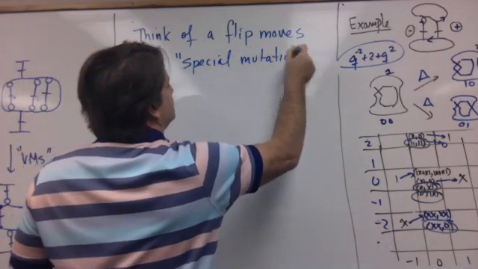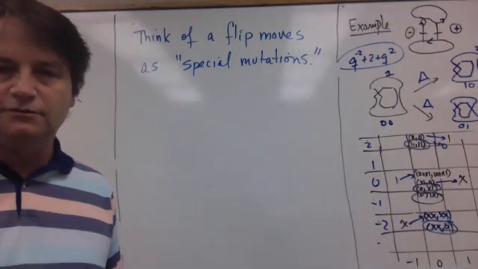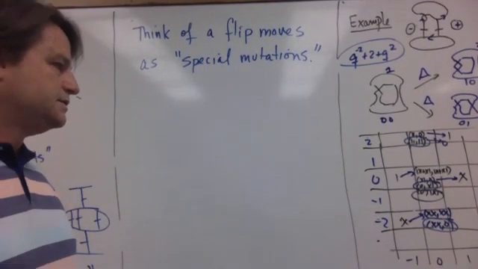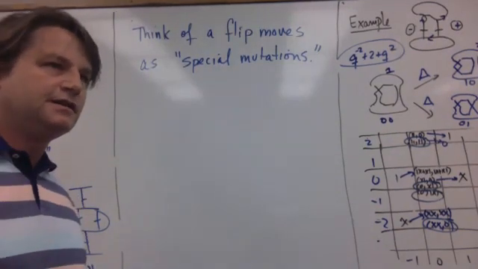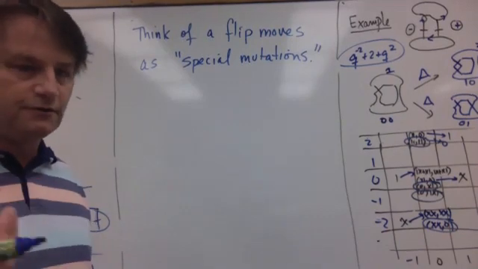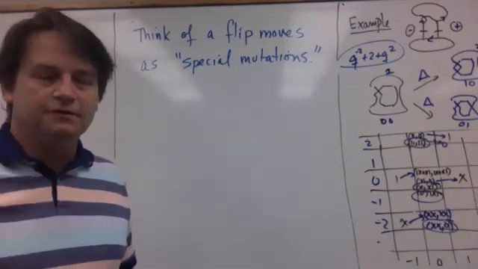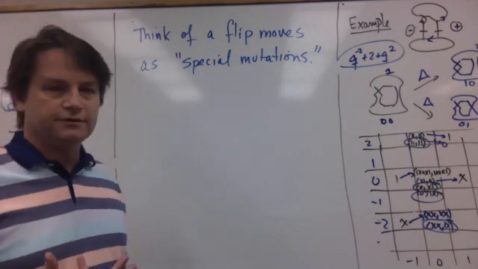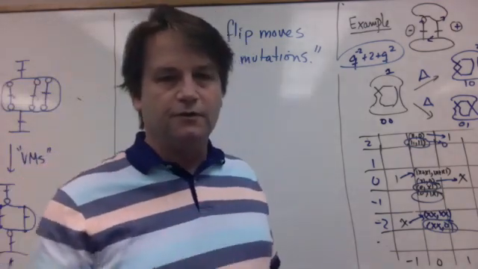Now, there are all sorts of problems with mutations in virtual link theory and in regular classical theory. If you're looking at Khovanov homology with integral Z coefficients, it's not invariant under mutations, so there's already a problem in defining Khovanov homology with integral coefficients.